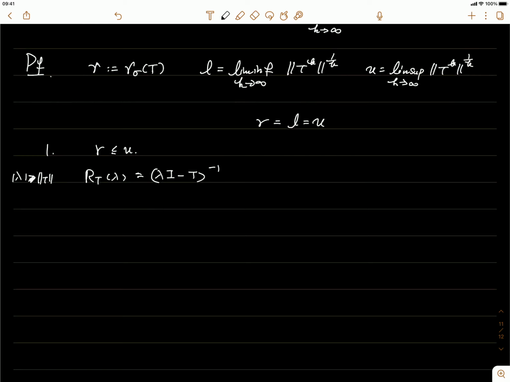So this means that this is invertible and it can be expanded. It's 1 over lambda times (I minus T over lambda) inverse.